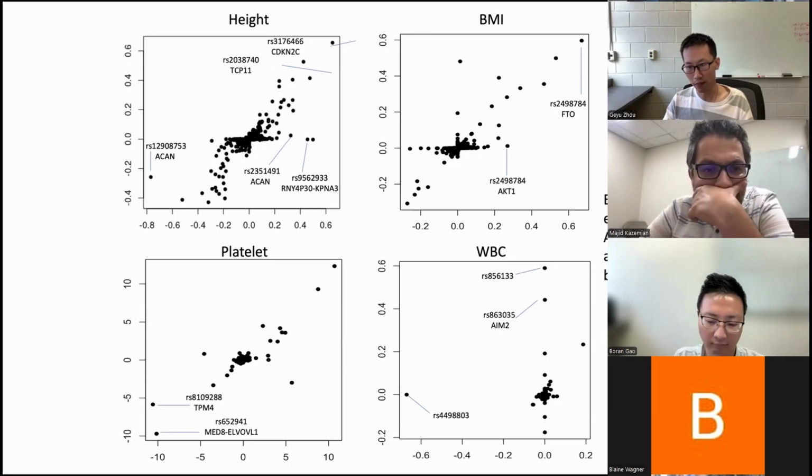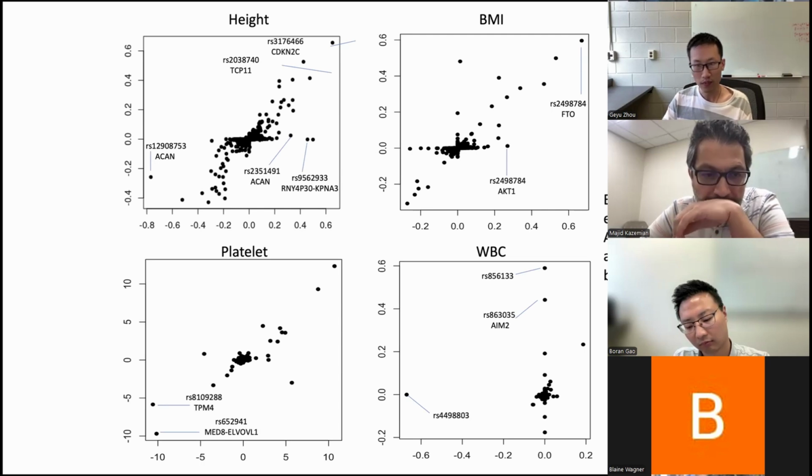This variant has a much higher allele frequency in the African populations, and this variant codes a chemokine receptor. Because it is a nonsense variant, the deletion of this receptor will dramatically reduce the counts of white blood cells.